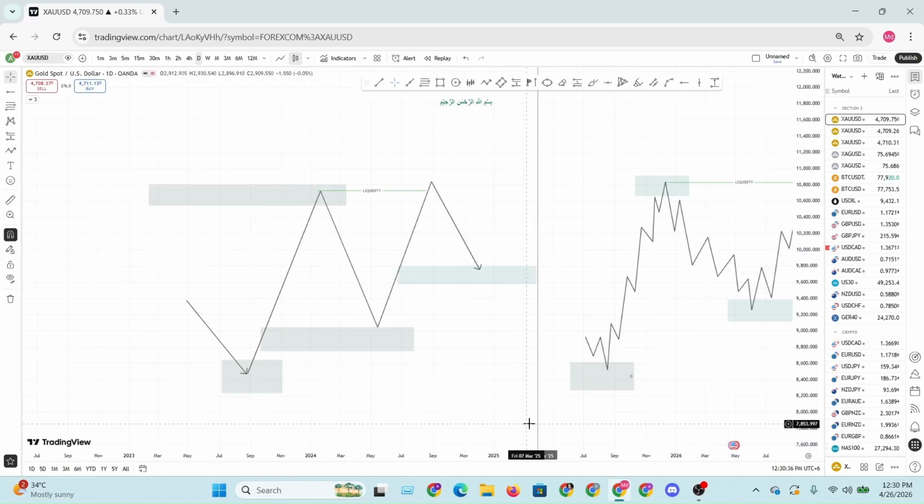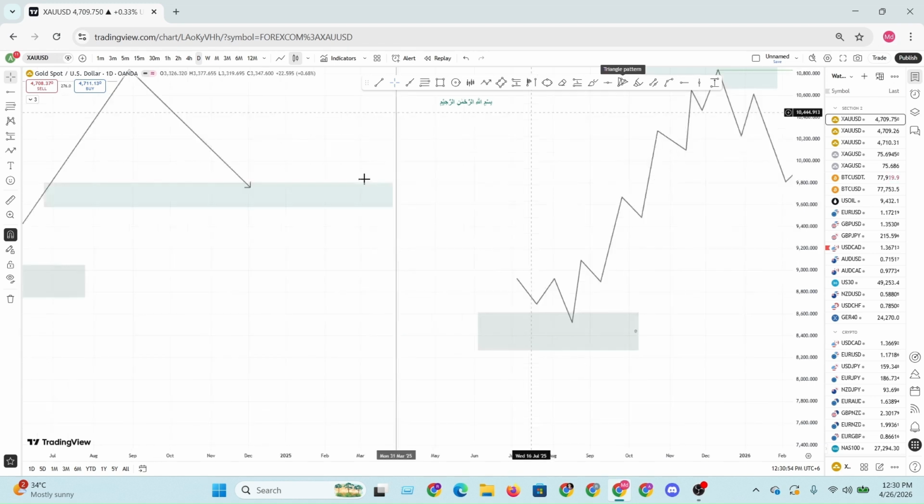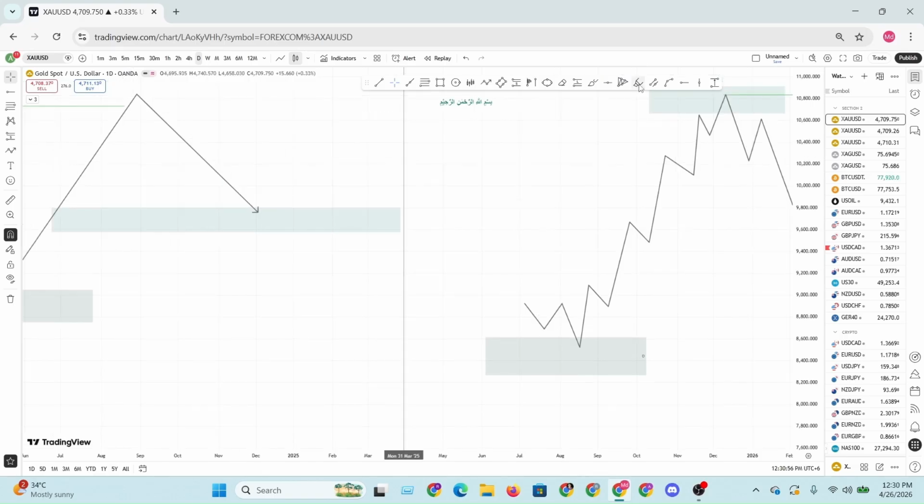So when the market comes to a daily level, we shift to H1 and we look for a market structure shift. What is a market structure shift?